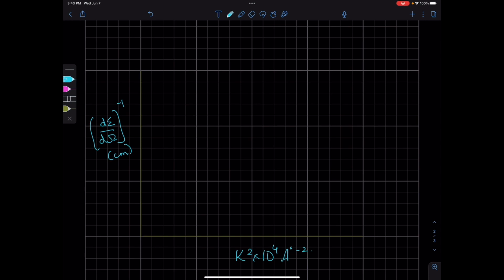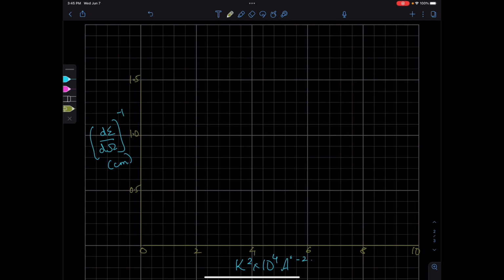So the k squared times 10 to the power 4 Å⁻² goes from 1.00 to 10.1 in values. So I'm going to start from 0. dσ/dΩ to the negative 1 has values from 0.5 to 1.20.